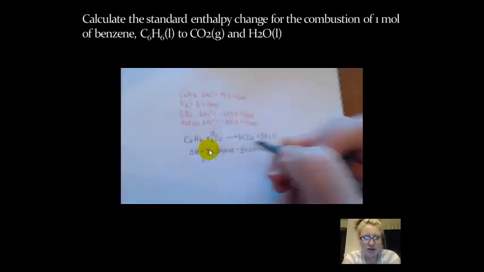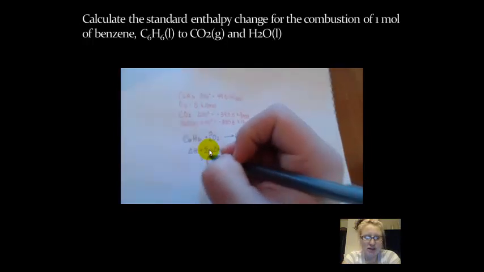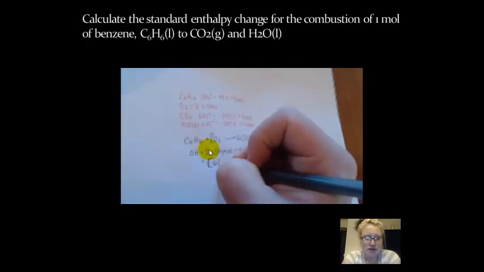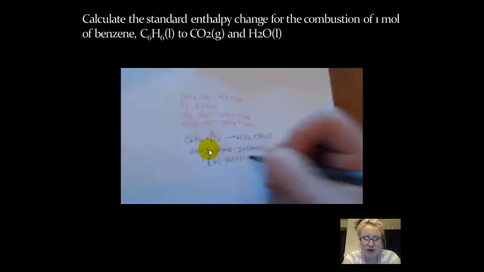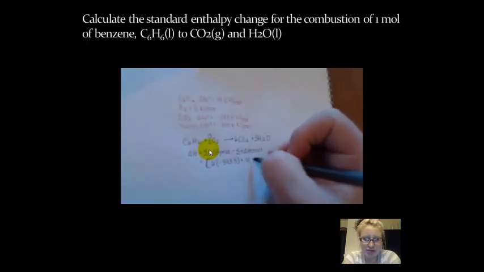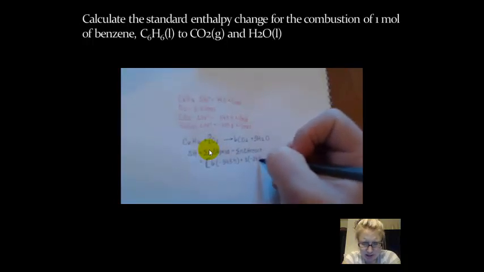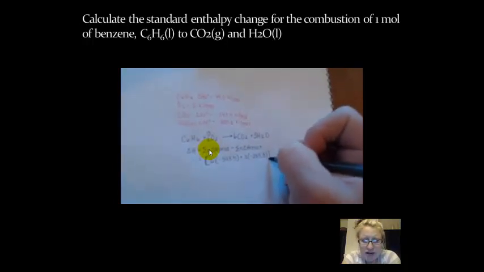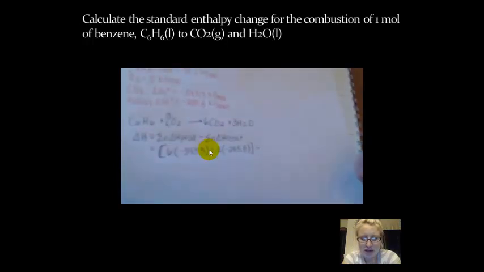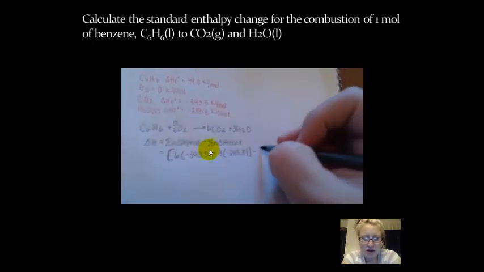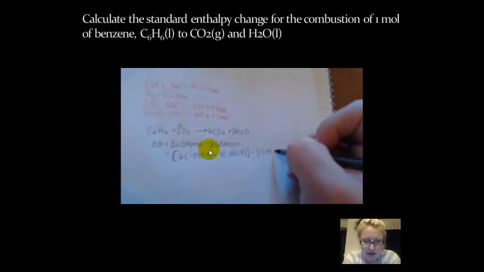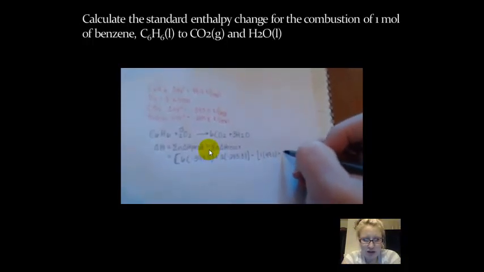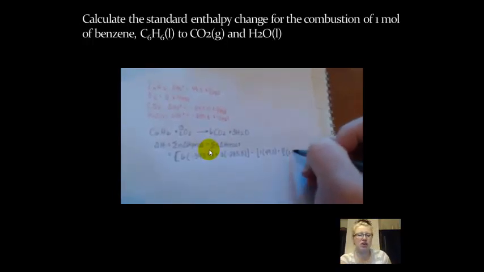So our products are going to be 6 moles of CO2, which has a delta H of negative 393.5, plus 3 moles of water, which has a delta H of negative 285.8, minus the sum of the benzene, so 1 mole of benzene times 49, plus 15 over 2 moles of oxygen, which is just 0.